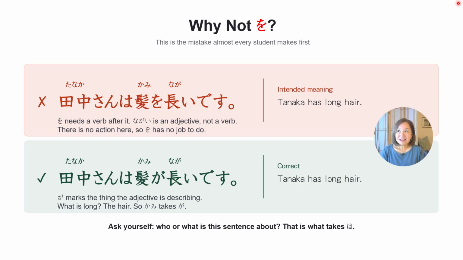But look, 長い is an adjective. It is not a verb. There's no action in this sentence, and を always needs a verb after it. So を simply has no job here. It has to be が.